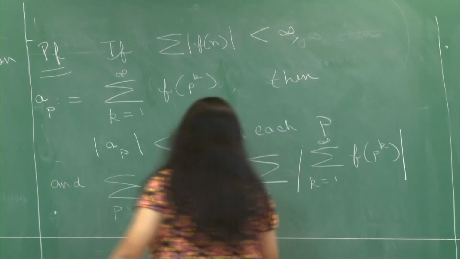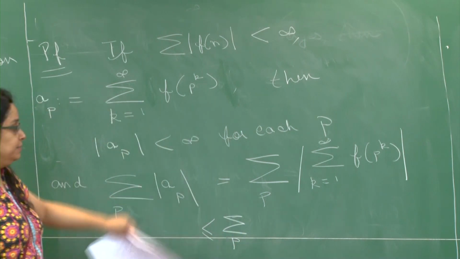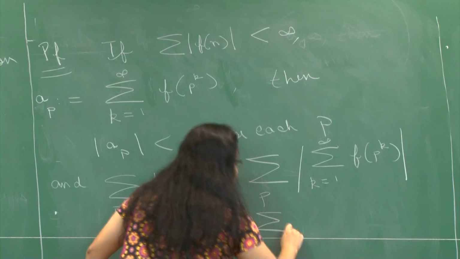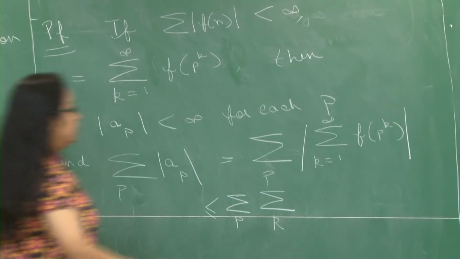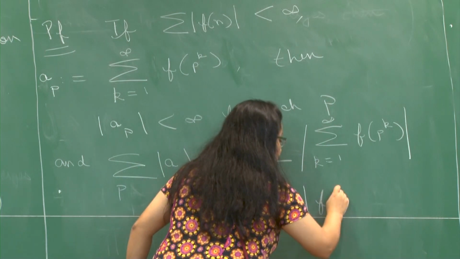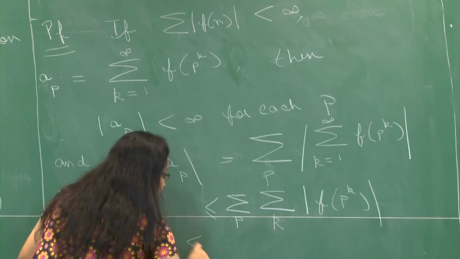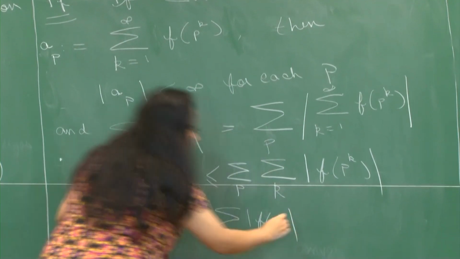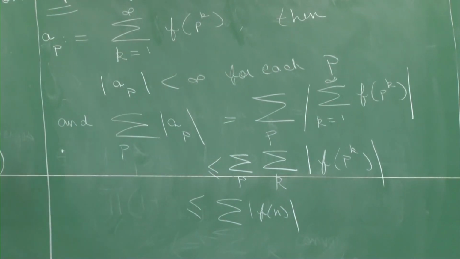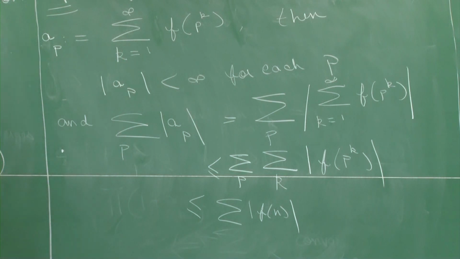This is certainly less than or equal to the sum over all the primes and over all the natural numbers k of absolute f of p raised to the k, which is clearly less than or equal to the sum of absolute f of n, because all I am doing is only taking those n's which are powers of some p.